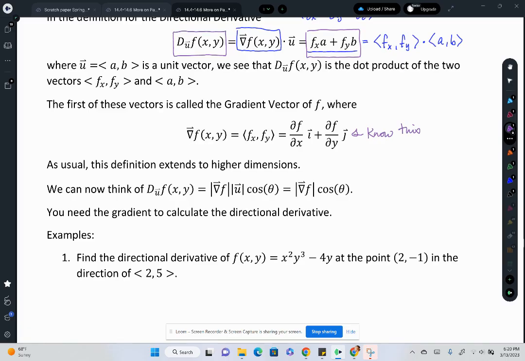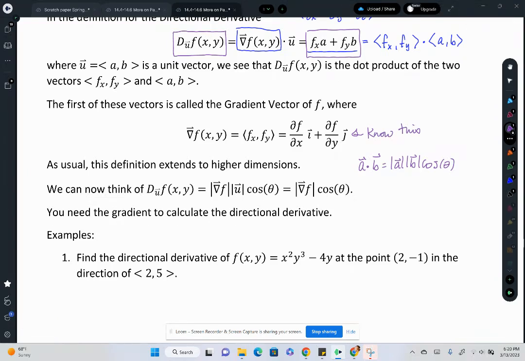Now, way back in 12.3, I want to say, we were told that a dot product of two vectors, A and B, is equal to the magnitude of A times the magnitude of B times cosine of the angle between them, right?